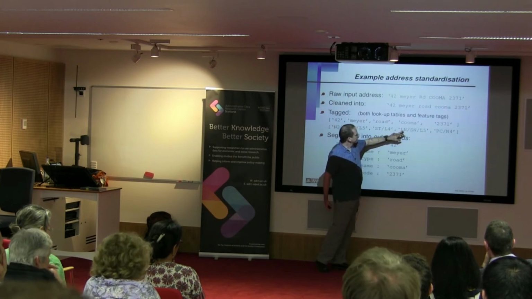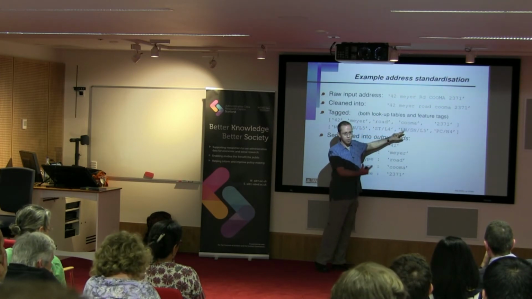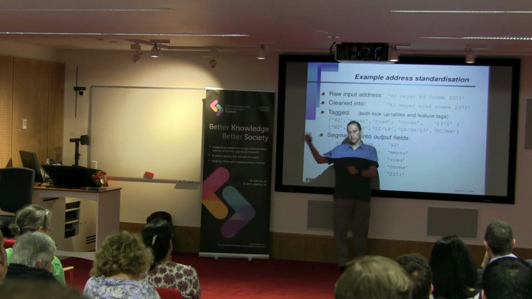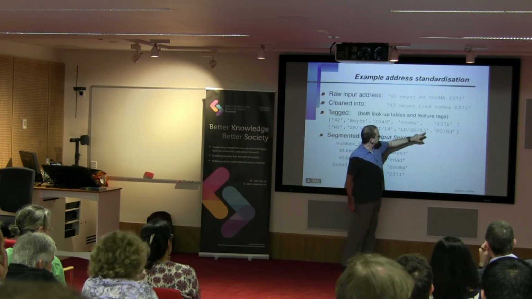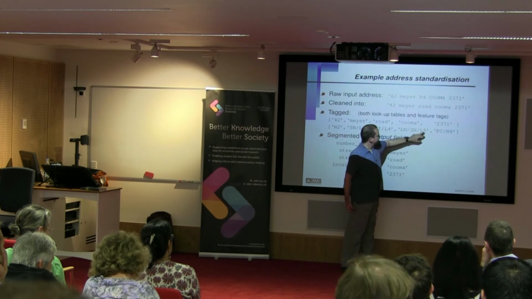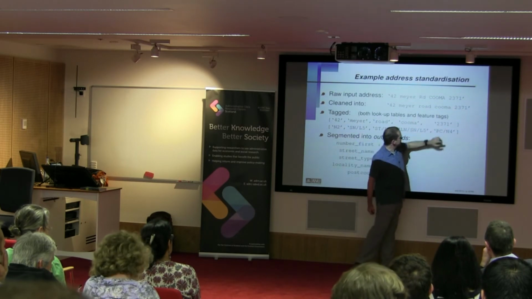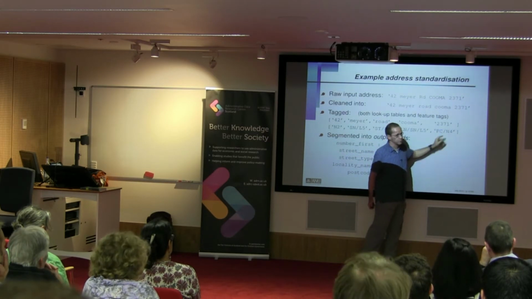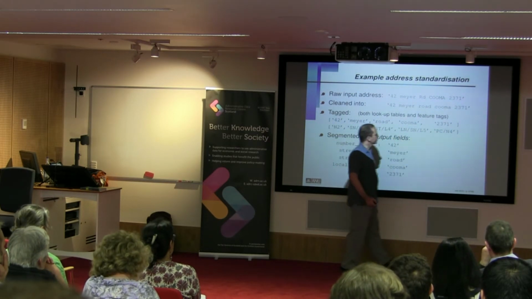Cooma is a locality name, so it's a known town name. It's also a street name. There's a Cooma Road in another town, right? And again, it's a word of length 5, only letters. 2371 is a known postcode, and it's a value which contains 4 digits, so 4 numbers only.